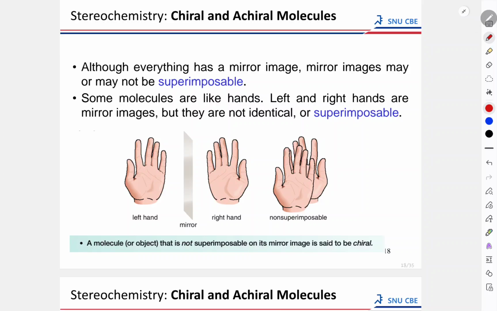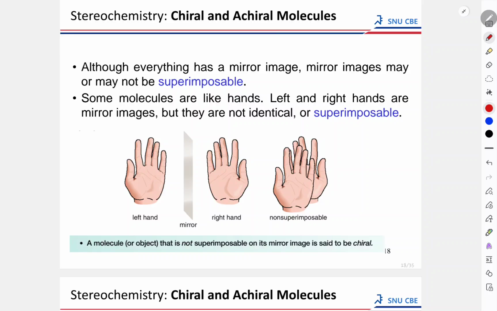And if these two are superimposable, then you can call the given object chiral or achiral, right? In the case of left hand and right hand, they are mirror images of each other, and they are non-superimposable. That's why this is a chiral species, or chiral object.